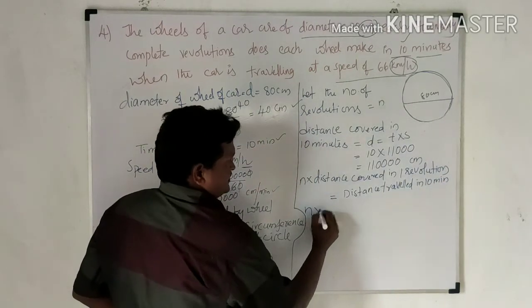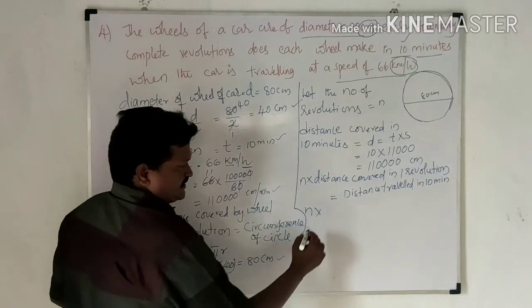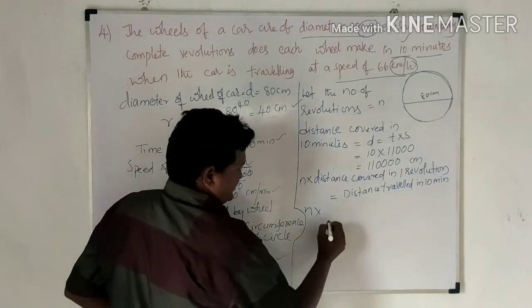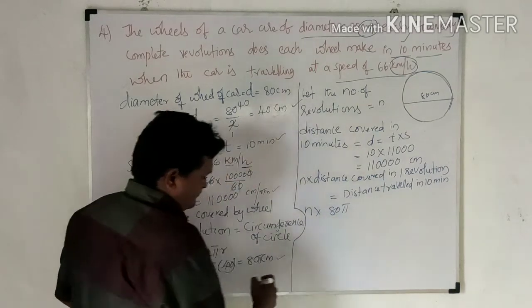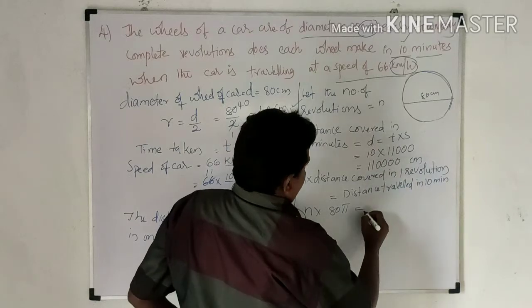So n into the distance traveled in one revolution, which is the circumference of the circle, that is 80 pi centimeters, is equal to this distance. How much distance?